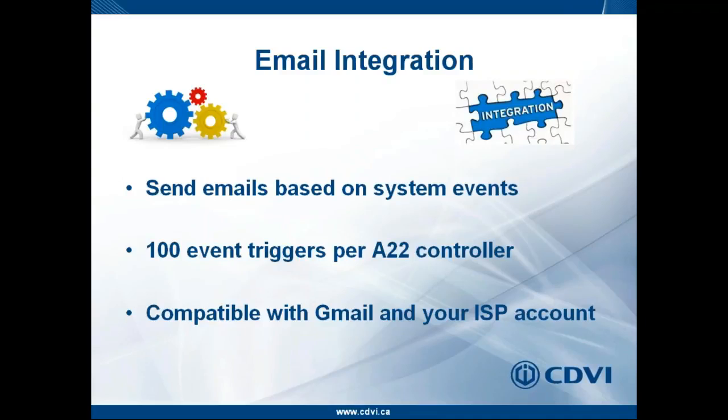So each of the controllers that's connected to a network can be set to send an email, to say, when something happens on my controller or my expanders, I will be able to send an email. We can have up to 100 different events sending those emails.